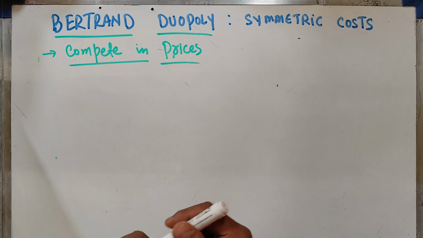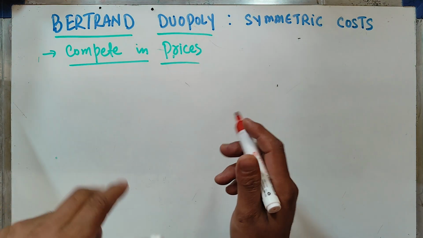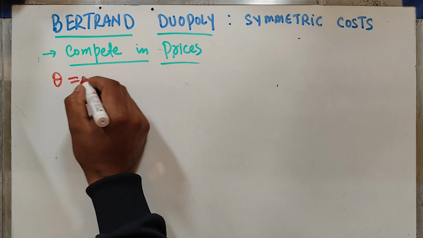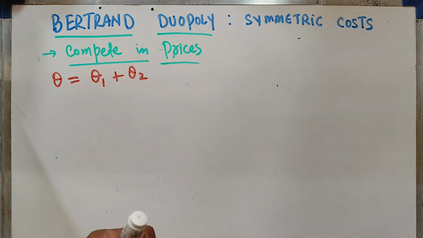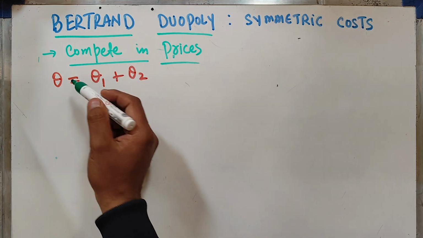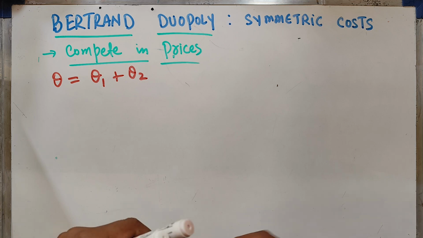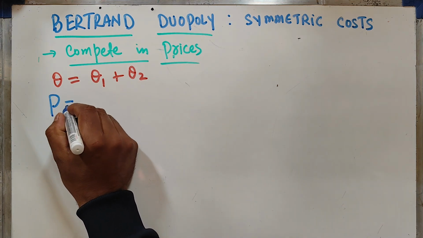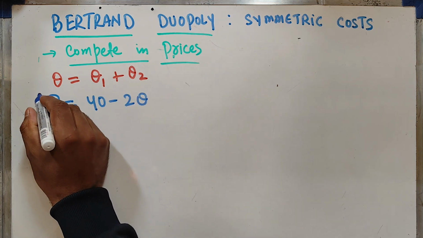Let's take a simple example to make things very clear. Say we have a duopoly with only two firms in this Bertrand model. Total quantity in the market is Q equal to Q1 plus Q2. Let us take a hypothetical market demand function: P equals 40 minus 2Q.